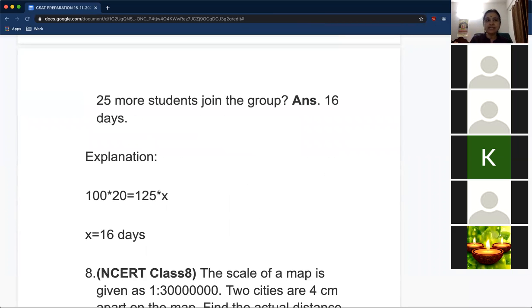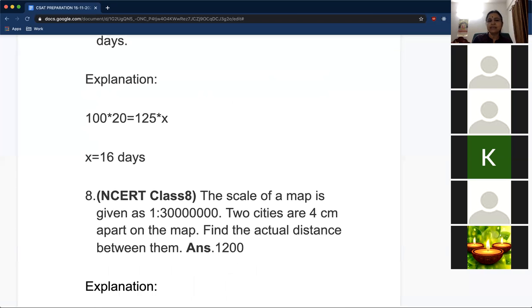Whenever you see that one is increasing and the other is decreasing, then it is an inverse ratio, inverse proportion, inverse variation. Whenever two ratios are equated, it's called a proportion, right?